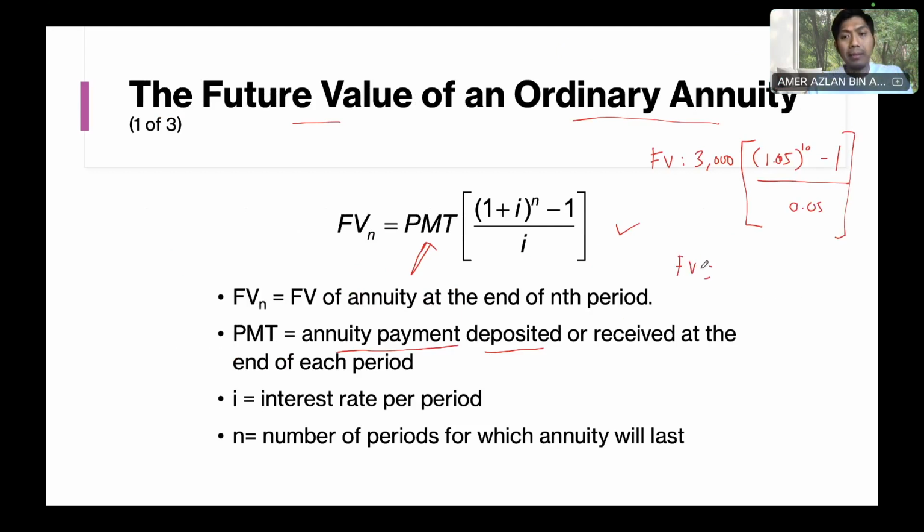So what do you get? Let me just calculate this. Over 10 minus 1. You would get 37,733.67.